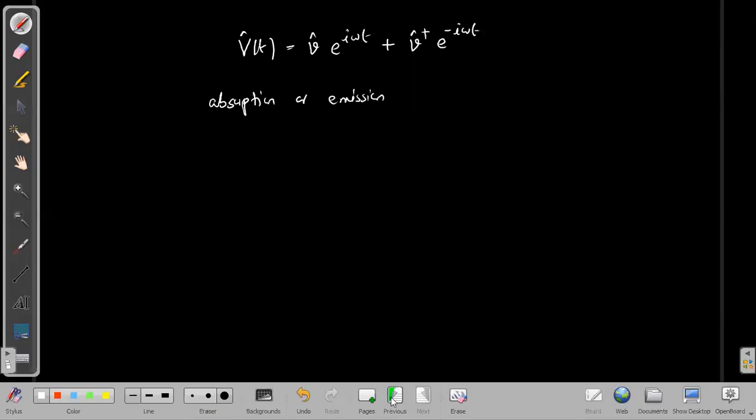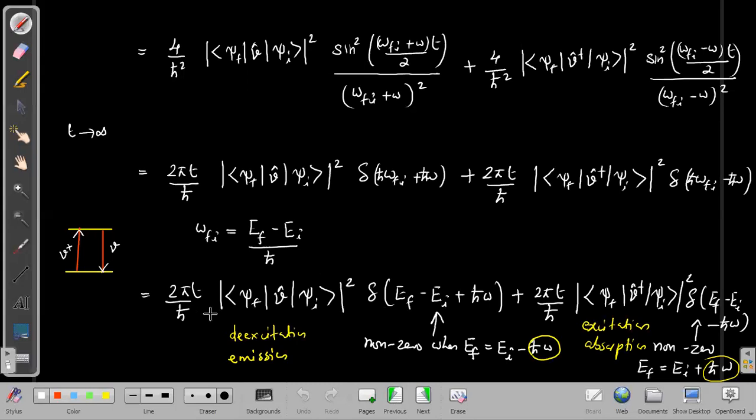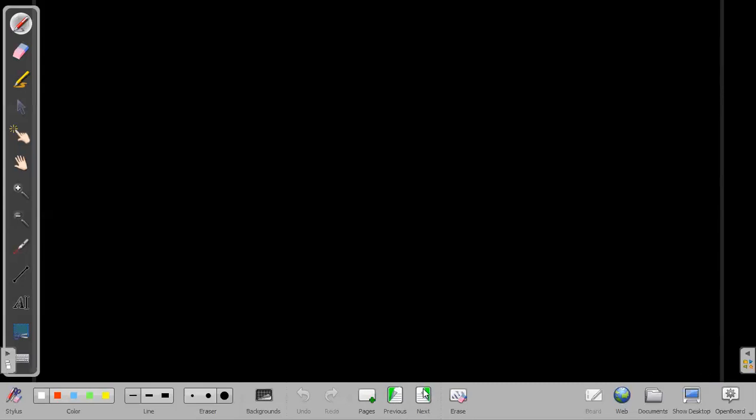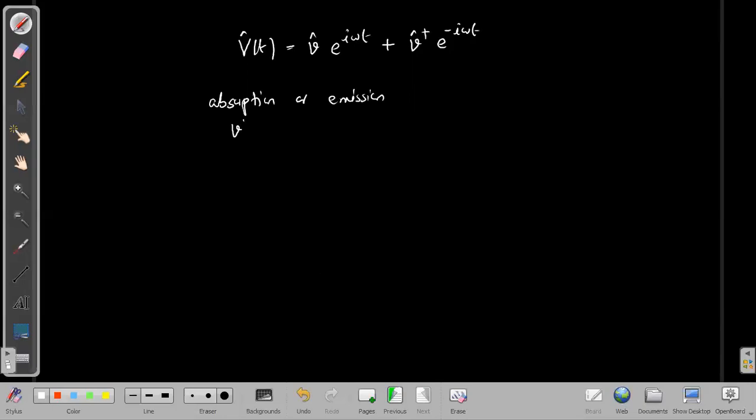The absorption is controlled by the V dagger term, and the emission is controlled by the V term.